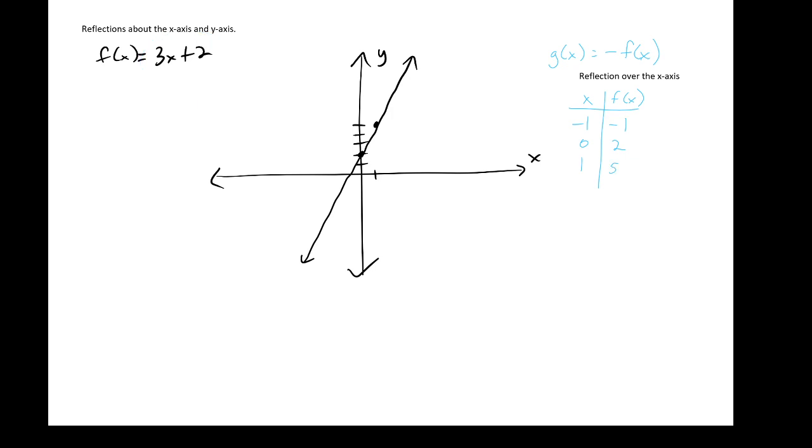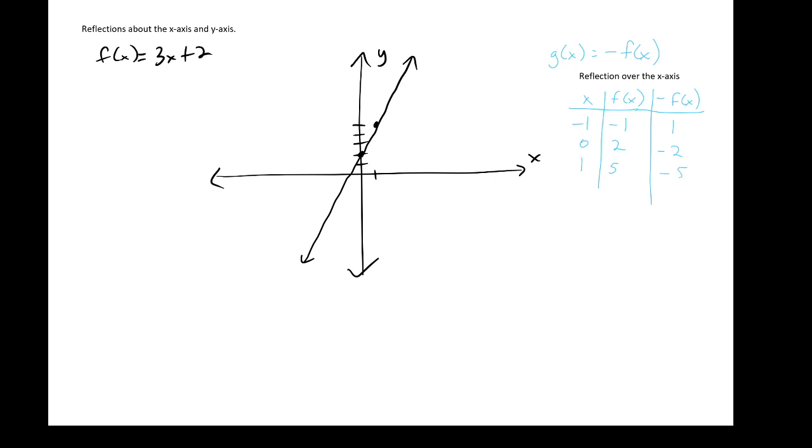So, think about this. If it's going to be the negative f of x, the g of x, all I'm going to do is switch these signs. This is going to be 1, this is going to be a -2, and this is going to be a -5.